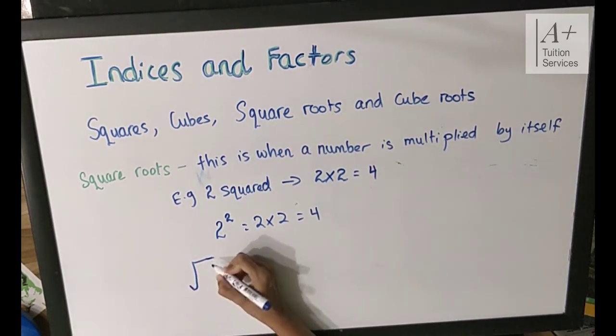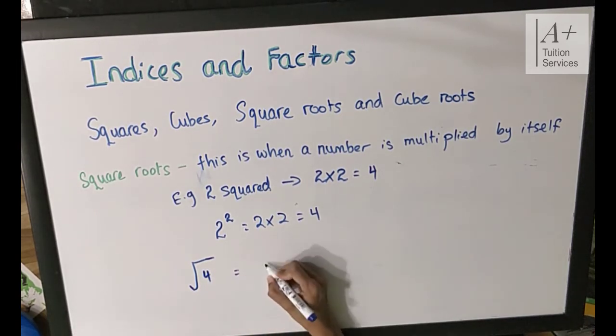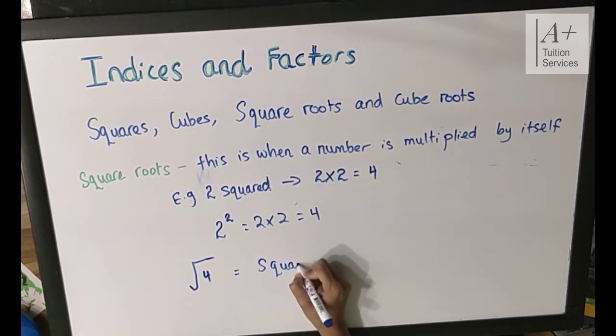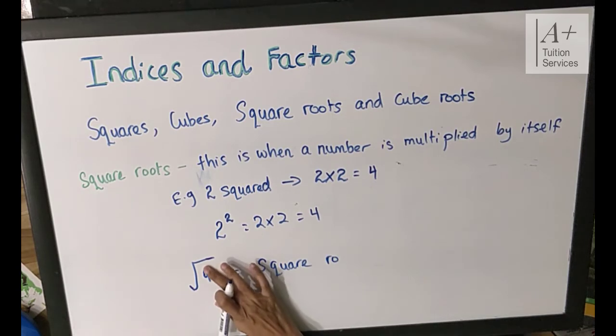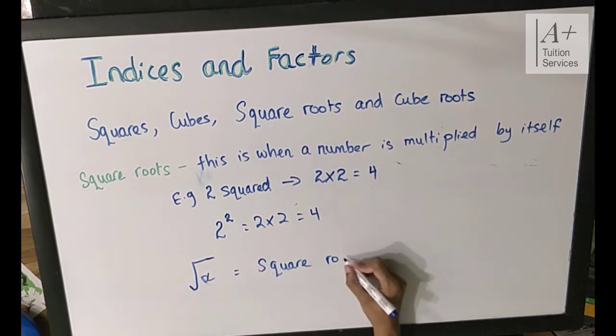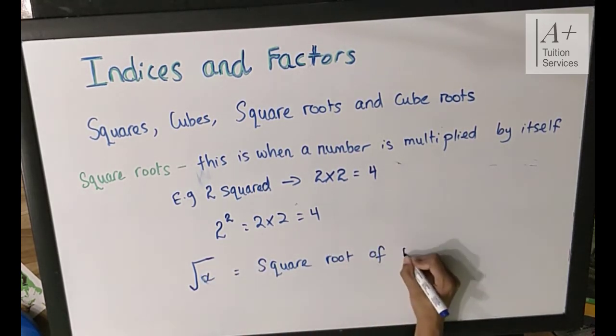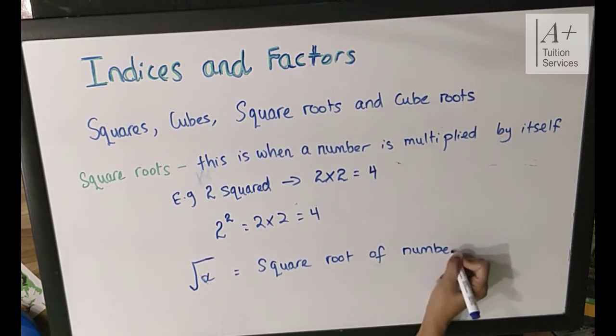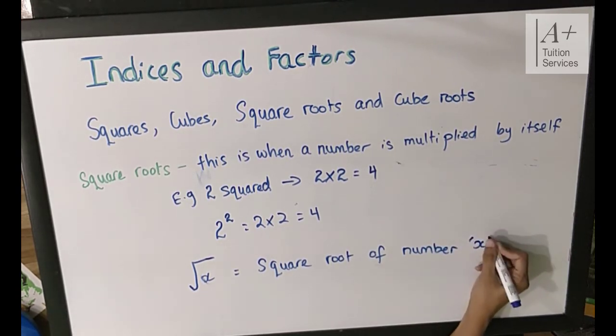If you ever see this sign with a number, it means square root, I call this x, of number x. Okay, remember you pause the video and take down your relevant notes.